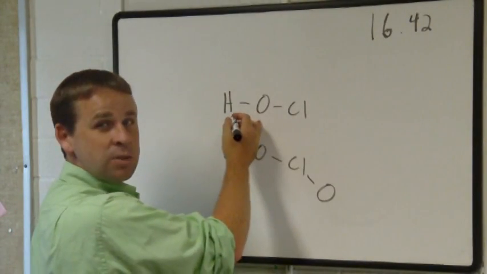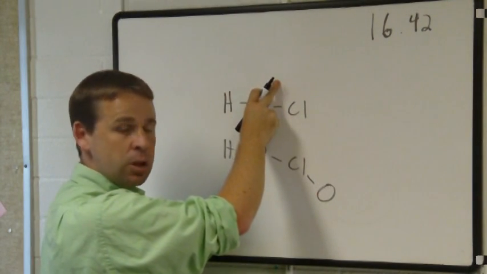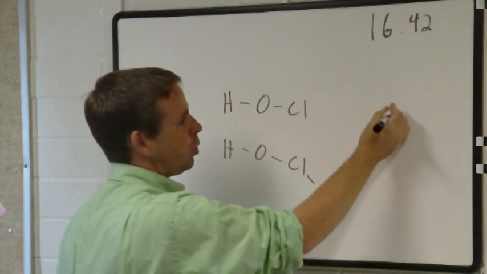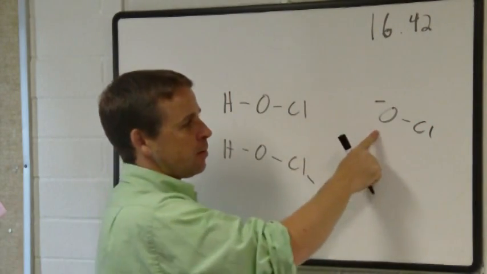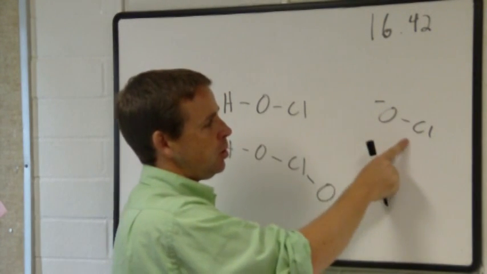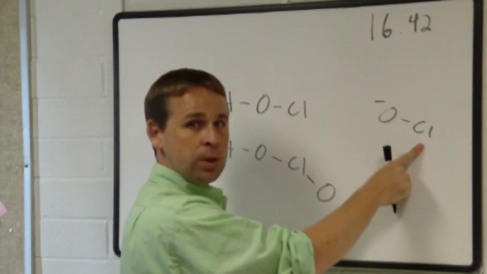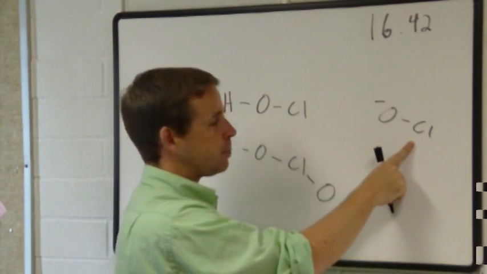If this proton is going to come off, then this oxygen is going to need to take a negative charge and form OCl with the minus sign. If this occurs, that negative charge has the ability to be distributed between this oxygen and that chlorine. Now the oxygen is the electron hog, but the chlorine will take some electron density.